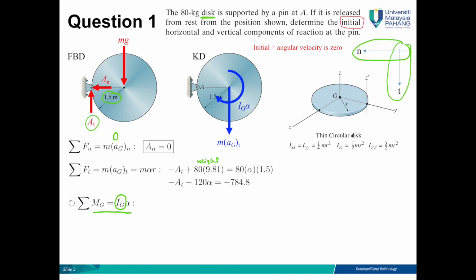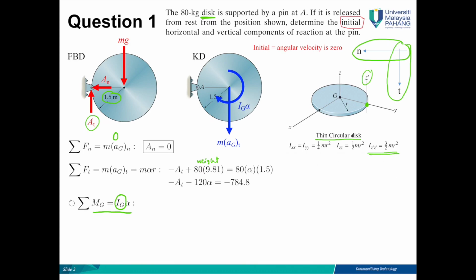So according to this table, for a thin circular disk, these are the mass moment of inertia formulas based on the axis. So now let's look at which one is suitable for this problem. The disk is rotating about this point here. So basically we are looking at Z prime.